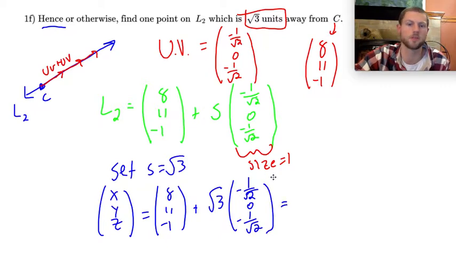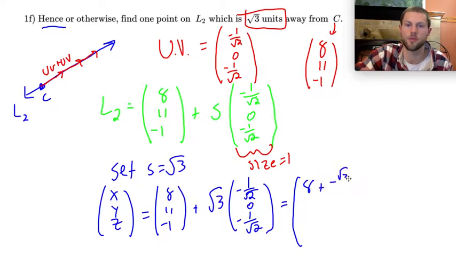Let's combine this into one position vector. This is going to be given as 8 plus -root 3 over root 2, 11 plus 0, and -1 plus -root 3 over root 2. And I think this is actually a square root of 2 here.